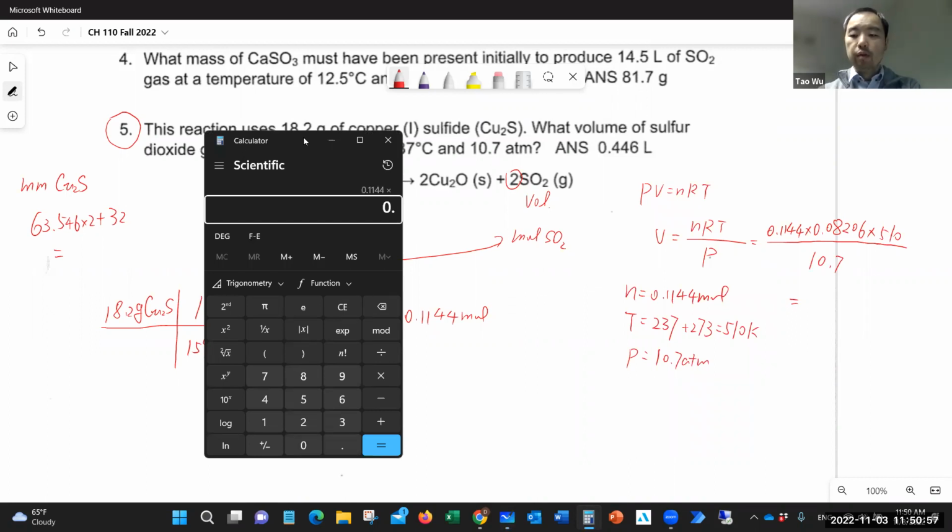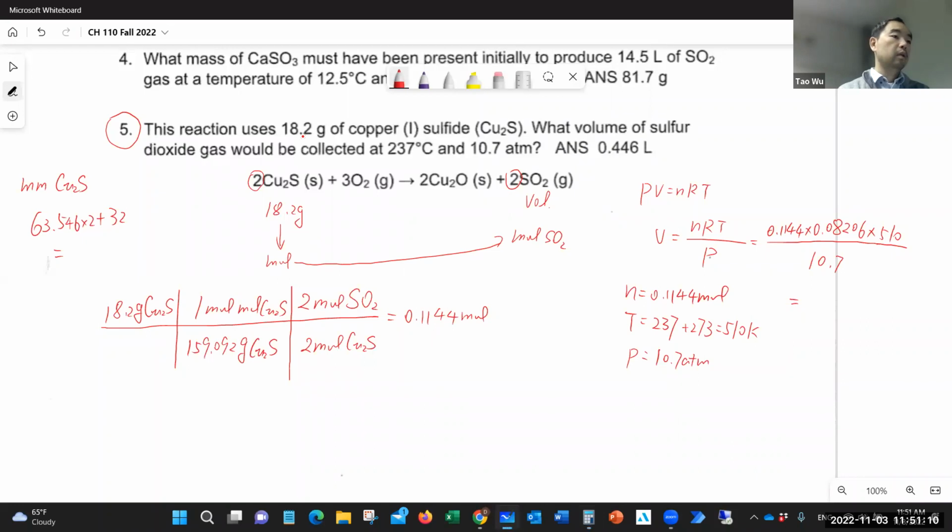0.1144 times 0.08206 times 510 divided by 10.7, and you got 0.4474.